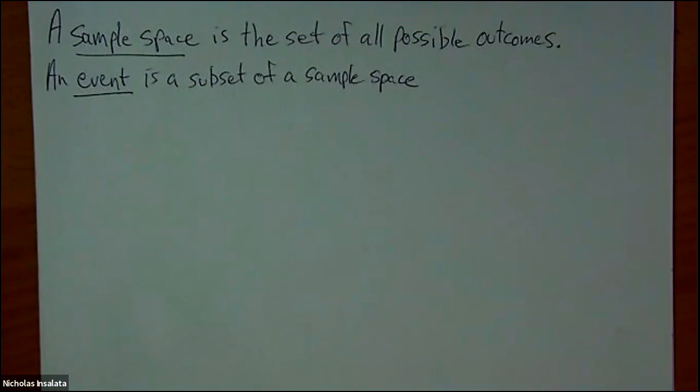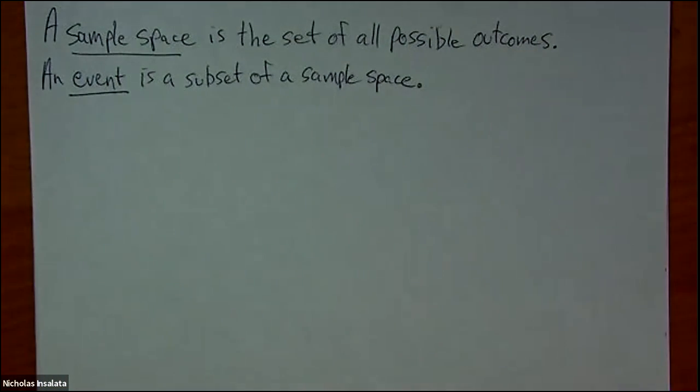Right? So can someone give me an example of a process, a sample space for that process, and an event in that process? Any ideas?